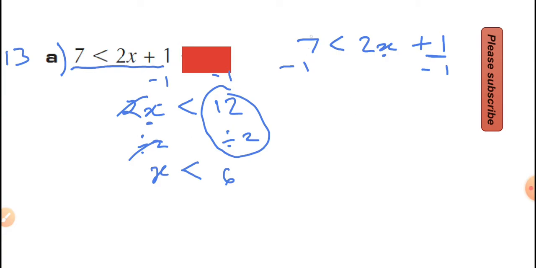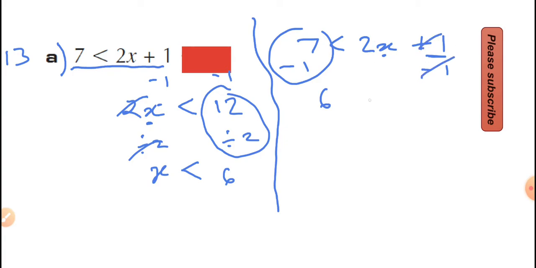So that means on the left hand side, 7 take away 1 is equal to 6. And on the right hand side, the plus 1 and the minus 1 is cancelled out, leaving with just 2x, as this, and copying the sign down. Now to get this x on its own, I have to divide both sides by 2 to get rid of that 2.